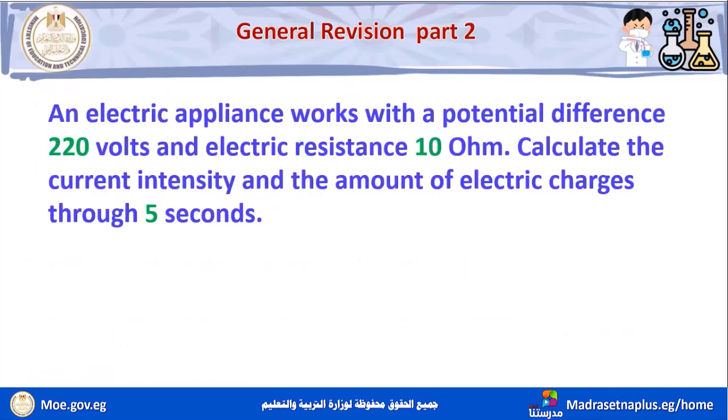An electric appliance works with a potential difference of 120 volts and electric resistance 10 ohm. Calculate the current intensity and the amount of electric charge through 5 seconds.